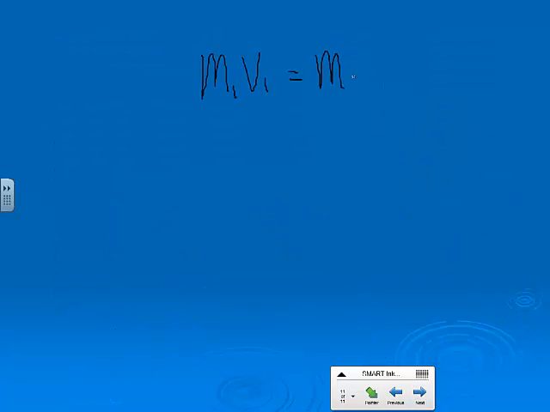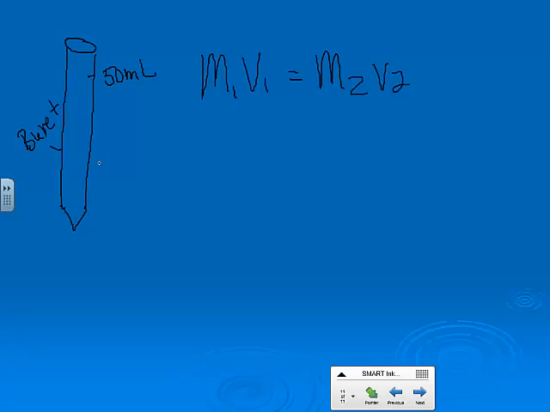Well, I've got M1V1 equals M2V2, and hopefully we'll get to see a sample of this in class, but the equipment that we usually use, and I want you to write this down because I'm going to ask you about it, this is a burette, okay, and this has up to 50 milliliters of stuff in it.